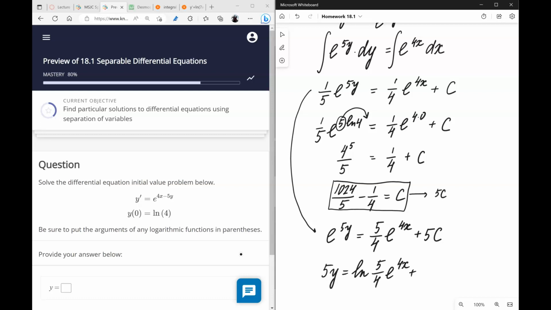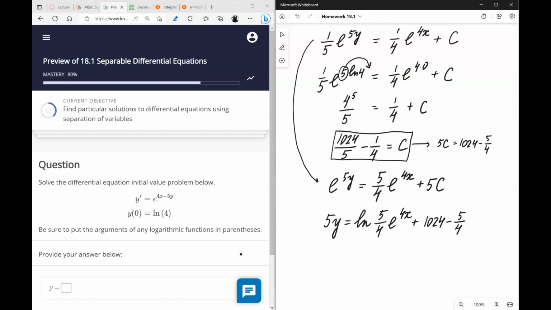It will be 5 times that, so it's going to be 1024 minus 5/4. But then we have another division by 5, so we're going to divide it by 5 again. So we have 1/5 ln of 5/4 e to the 4x plus 1024 minus 5/4.